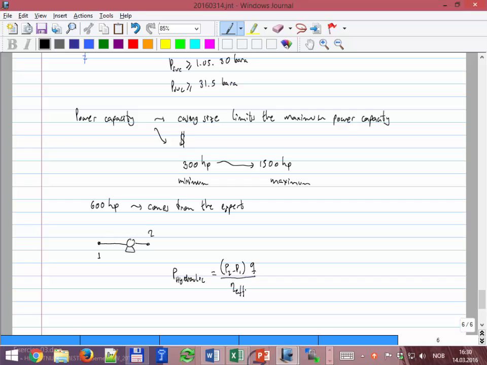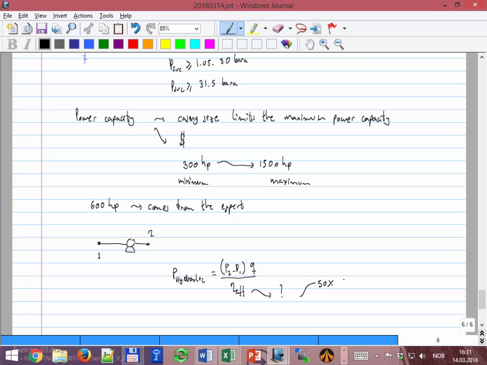So now we enter into another problem, okay? We want to estimate that the power has to be less than 600 horsepower, but now I have a problem. Which efficiency do I use? Anybody has any idea of the efficiency of an electric submersible pump? 75%? 70%? Okay, typical values are between 50% and 70%. A very good pump might be 75-80%, but that's really the top of the top.